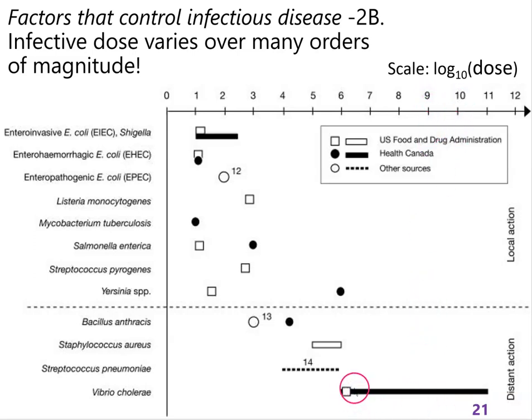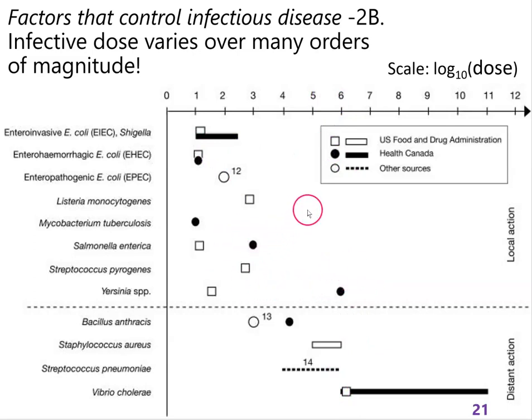Others are much more effective, and you only need to ingest 1 million. And remember, you could have 1 million cells in every milliliter of crystal clear water, and they would not affect the optical properties of the water. So it's very hard to avoid ingesting numbers of bacteria at 10 to the 6th or lower.